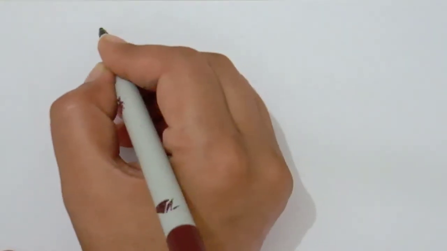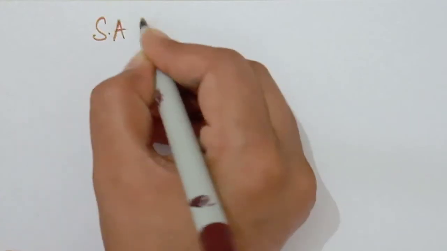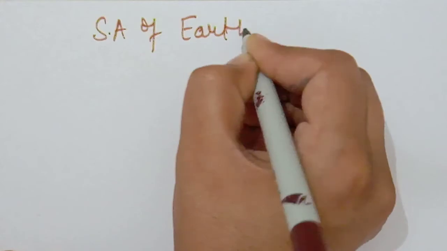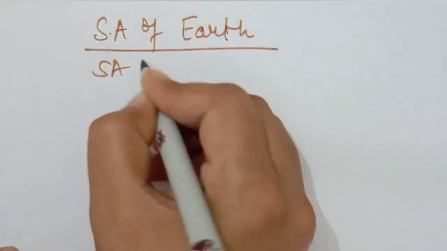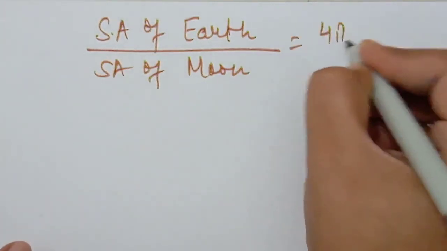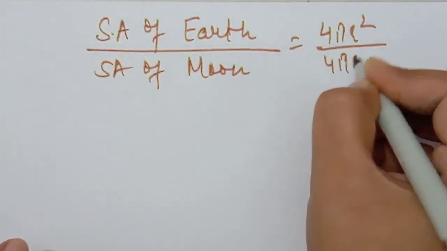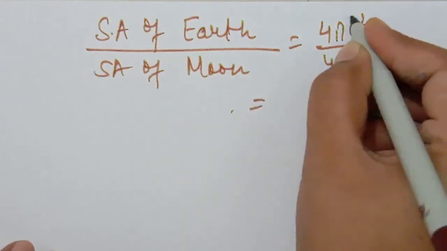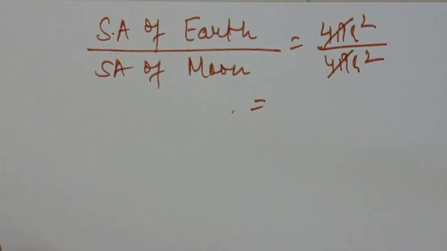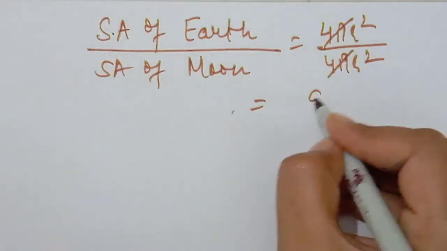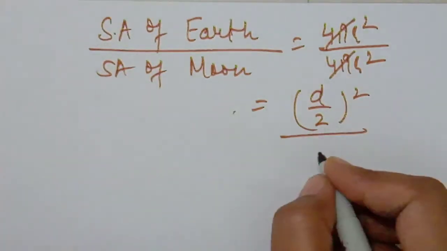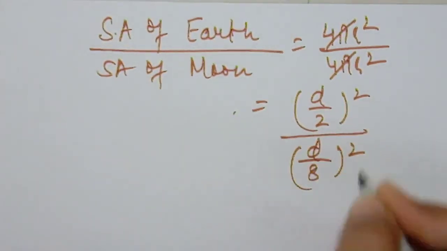So the ratio of the surface area of earth to the surface area of moon, which is 4 pi r square and also 4 pi r square. 4 pi cancels with 4 pi. The radius of the earth is D by 2, so it is D by 2 whole square, and the radius of the moon is D by 8, so D by 8 whole square.